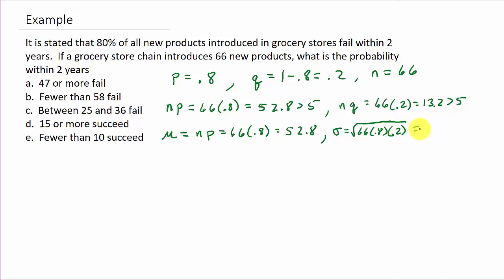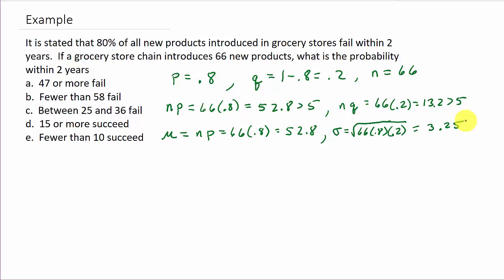So let's see, 66 times 0.8 times 0.2. And then I need to take the square root of that, which is a big long number, but I'm going to round it to 2 decimals. So it's 3.25. That's the standard deviation.